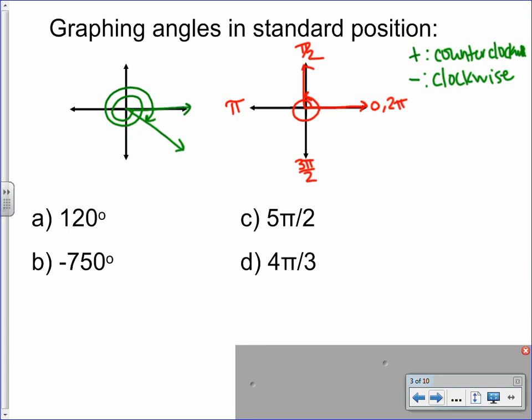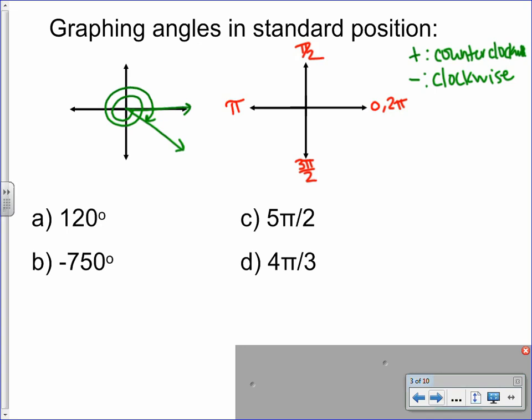4 pi over 3. Matt, what quadrant do you think that would be in? It's less than 2, so I would give you 4. Or it could be in 3.